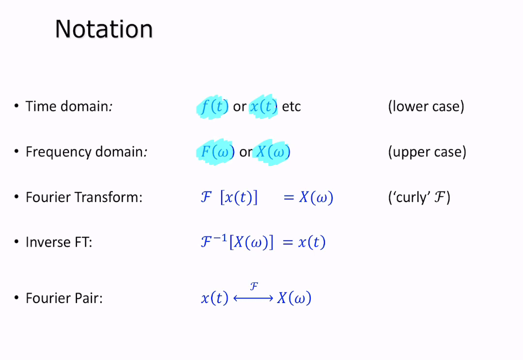Some textbooks might use f instead of omega. That's fine, but you'll notice that there's always a 2 pi factor in the expression as well. Some textbooks will use j omega. Some will use X of i omega. Okay, so there's lots of variation.